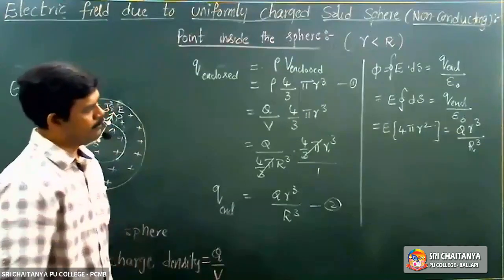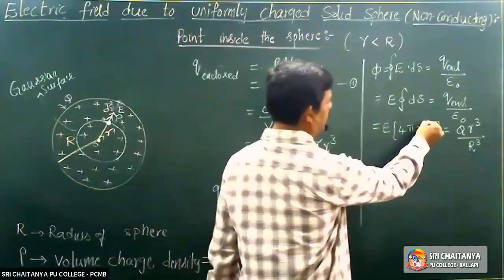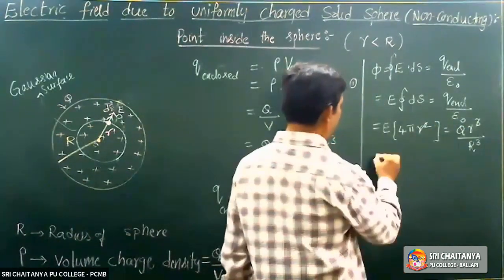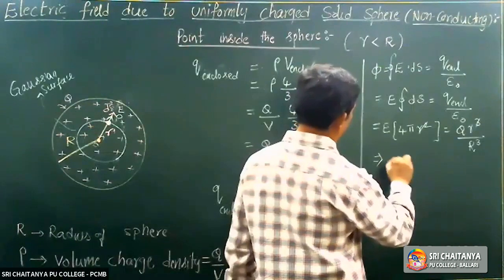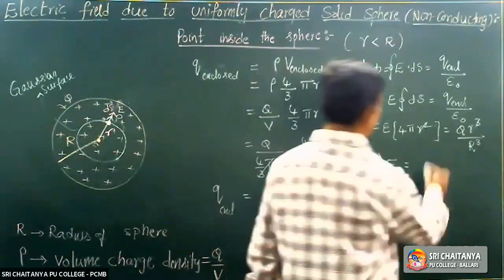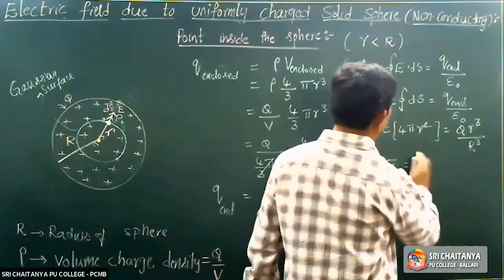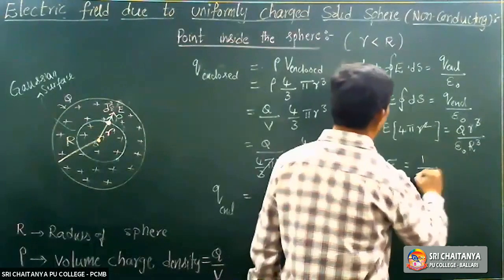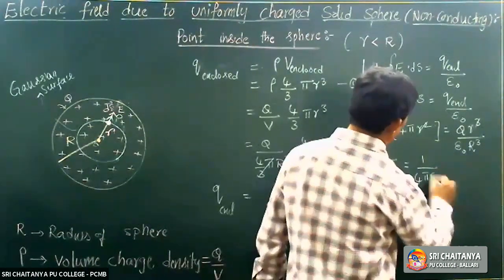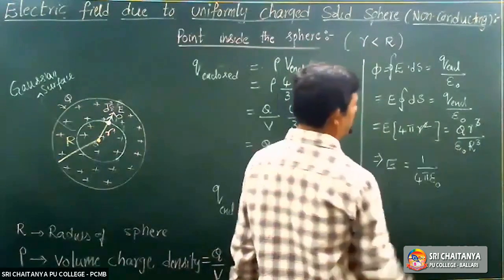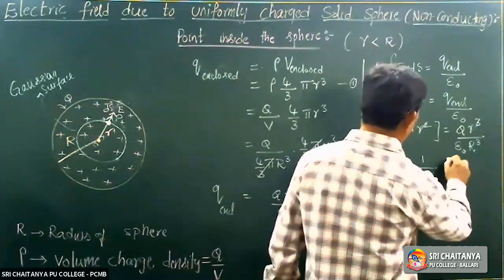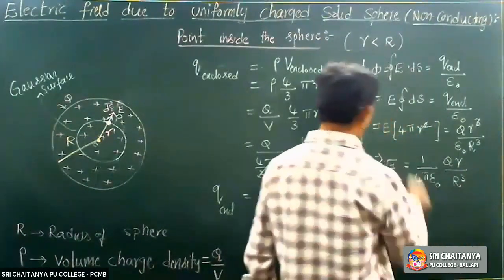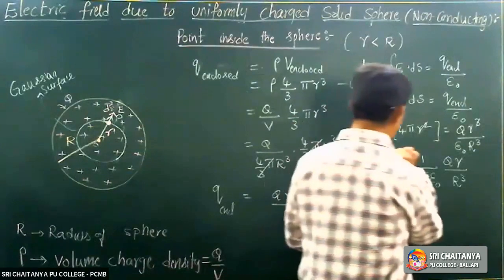Any cancellations on either side? Here r square, r cube, only one r remains. Then E is equal to, something is missing, epsilon naught, 1 by 4 pi epsilon naught, Q r by R cube. This is the expression.